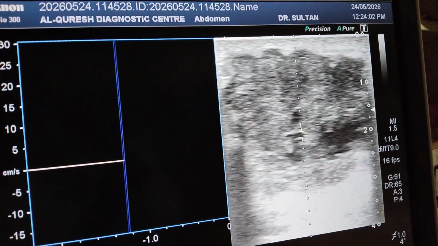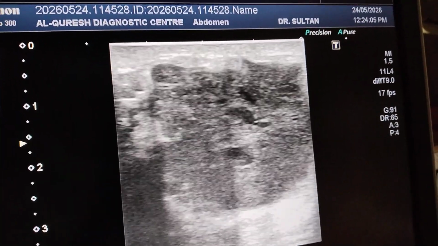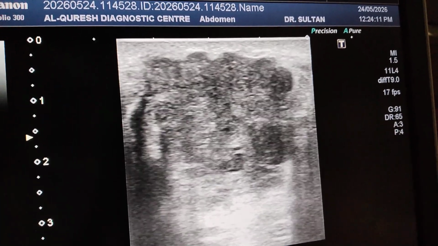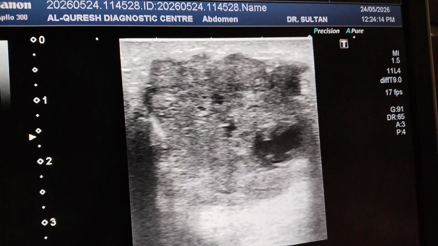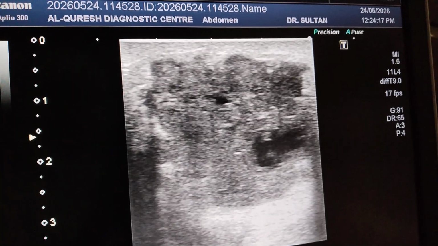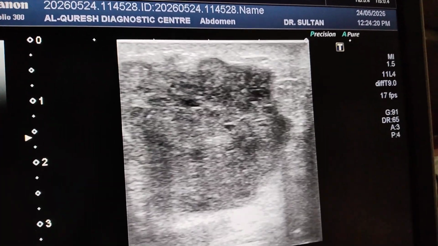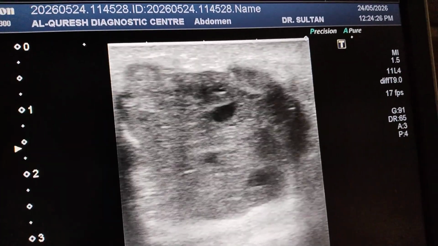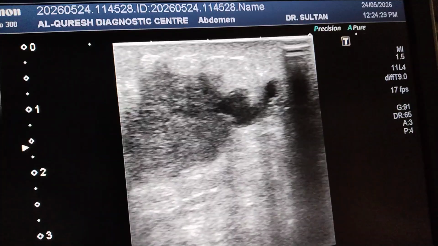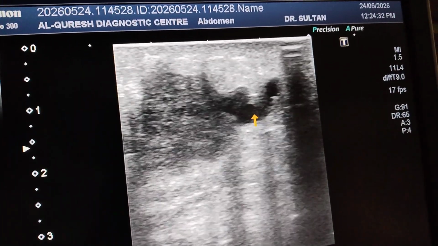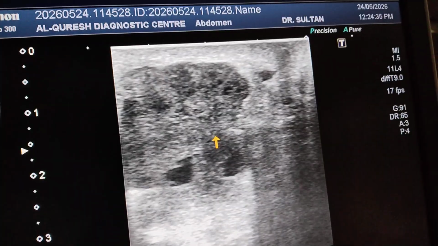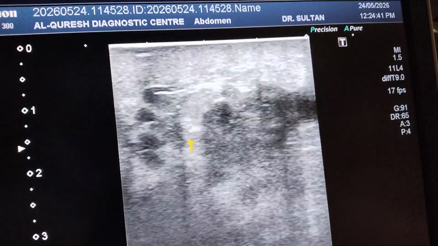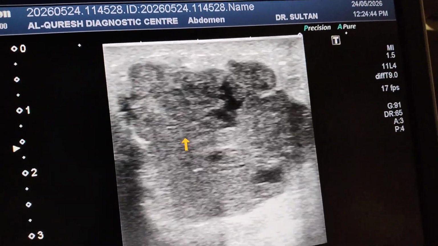So we have seen the findings: an irregular shape with speculated margin, mixed echogenicity, predominantly hypoechoic mass seen at the seminocular position extended to the echotexture position, that is obstructing the duct and showing significant vascularity with arterial and venous flow.